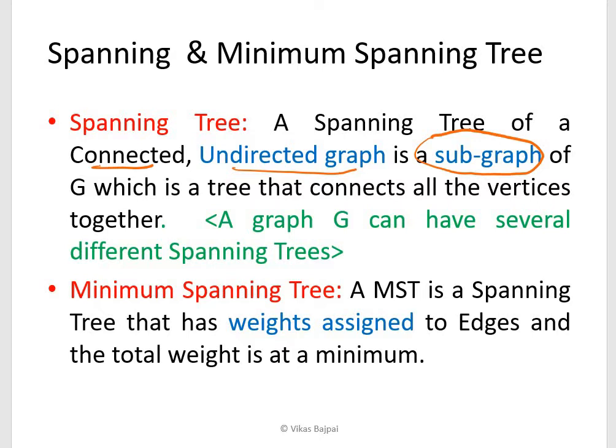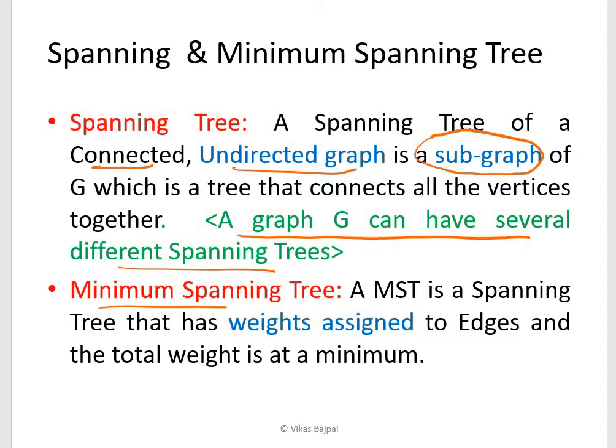We'll see with the help of an example. A particular graph G can have several different spanning trees. Means for an undirected graph, I can have multiple spanning trees.